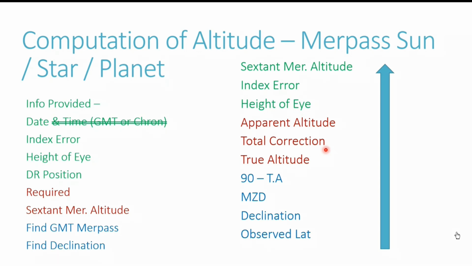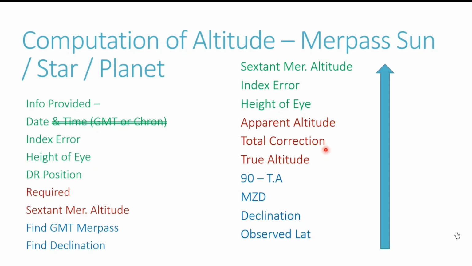Now fortunately, in the case of sun and in the case of stars and planets, whether you enter the table with the true altitude of the body or with the apparent altitude of the body, this does not make a difference, because the total correction is valid for a range of altitudes, and this range is quite big, whereas the difference between the true altitude and the apparent altitude is not much as compared to the range given in the total correction table.